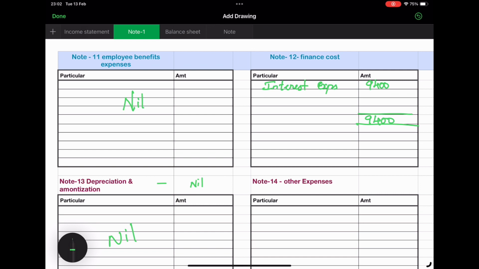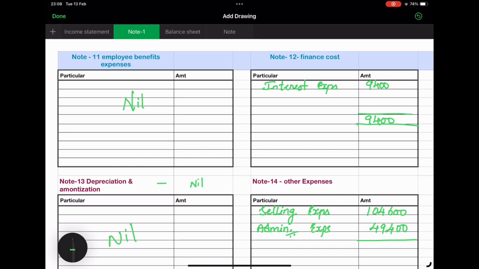Okay, next, in other expenses, first we'll write selling expenses. Selling expenses they have given 1,04,600. Next, administration expenses. Here I am writing admin expenses. In your exam, kindly write it in full form. Okay, 49,400.